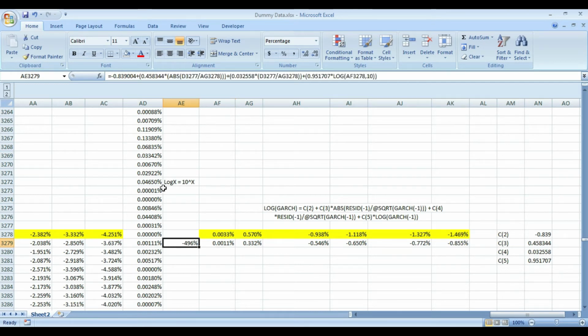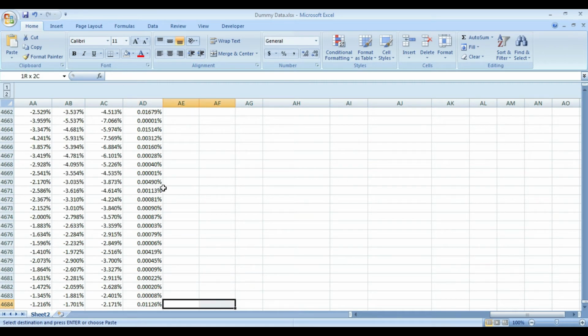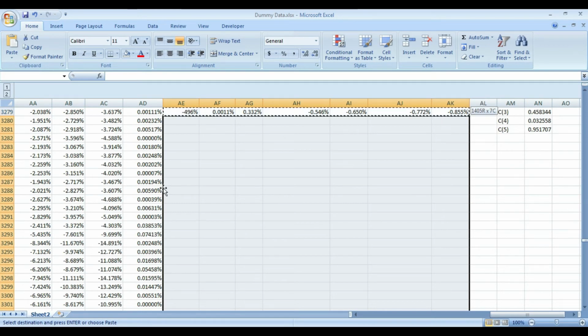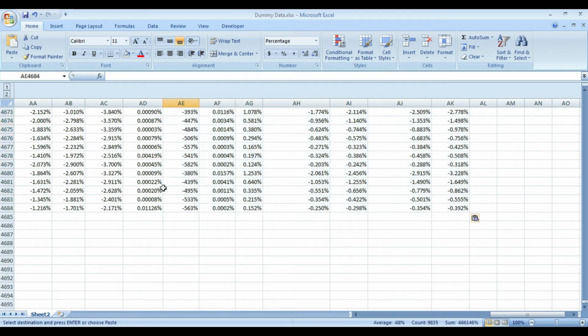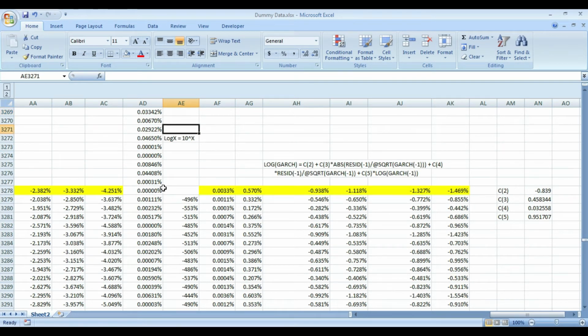Now I will simply go ahead and copy this and drag this thing down. There you go. So our value at risk is computed for E GARCH at all the confidence intervals from 95 to 99.5, considering a normal distribution.